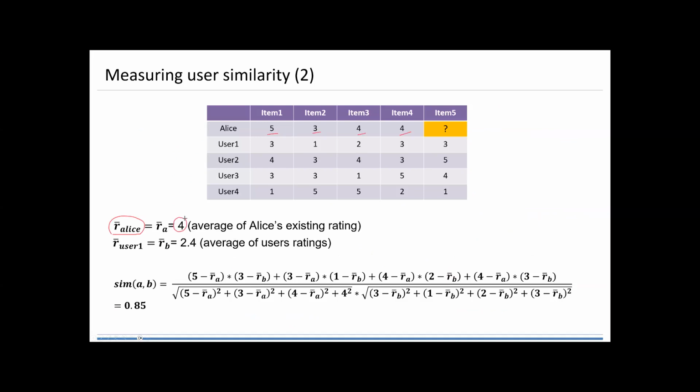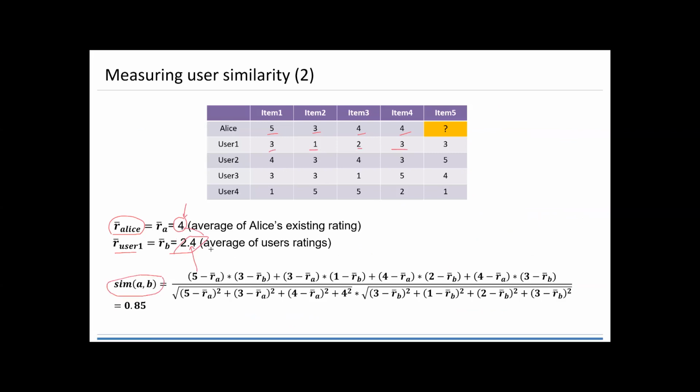And you can see user 1, user 2, user 3, and you can also calculate the average. In this case, just 3 plus 1 plus 2 plus 3, and then we get the average is 2.4. Now, because we already have the average of A, this is Alice, and the average of user 1, we do the Pearson correlation.